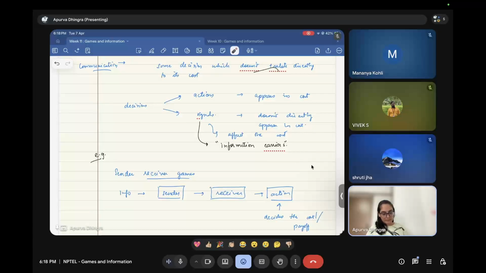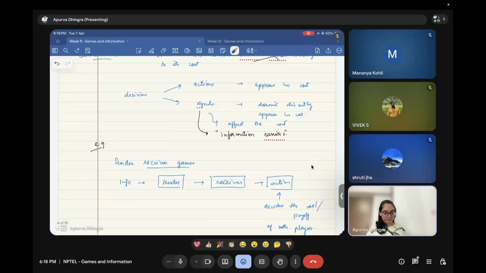In an abstracted manner, that can be thought of as a sender-receiver game also. Here what is passed on from a sender to a receiver is some information, some signal, and this signal directly will not have an effect on the cost, the utility or the payoff of the game.